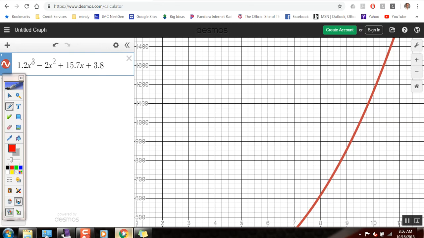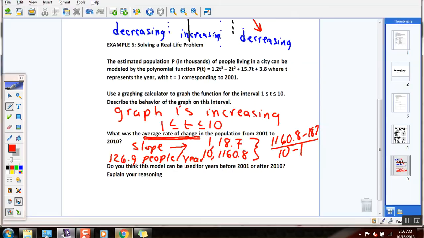Probably not. Okay, no, because in real life, given resources, population growth will eventually stop.